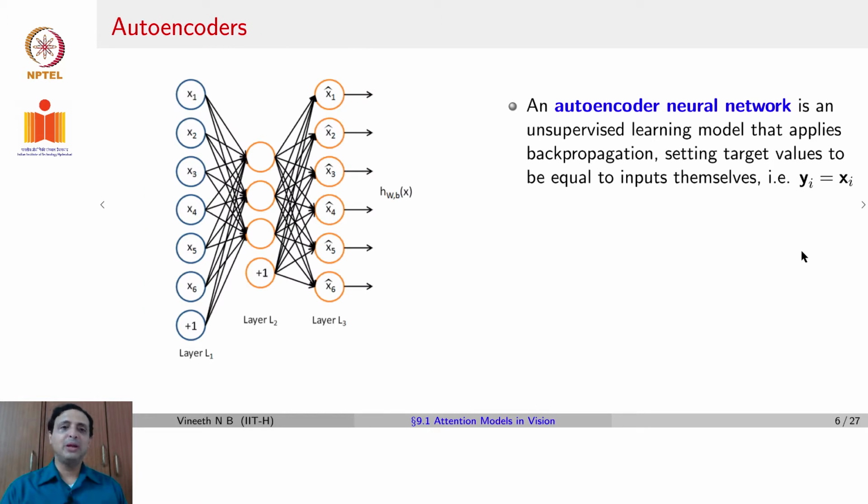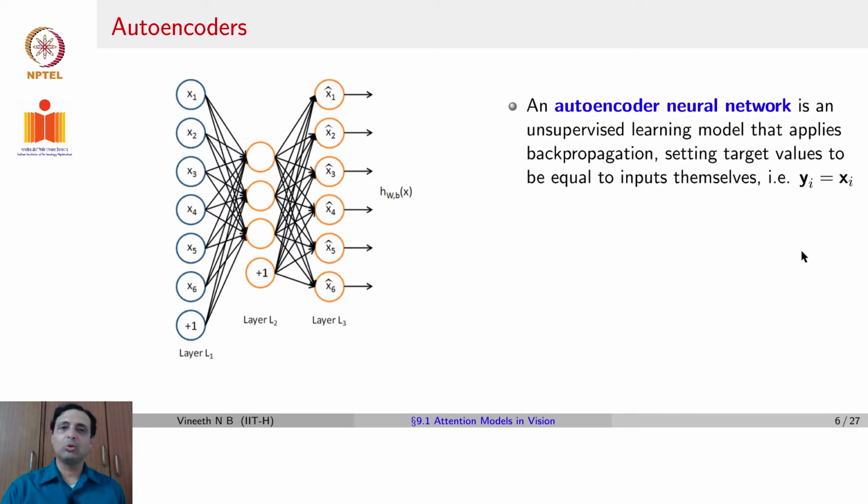Now let's take a brief detour to understand encoder-decoder models a bit more. The standard name for such encoder-decoder models is the autoencoder, although in this case the decoder is trying to reconstruct the input itself, and that's the reason why this is called an autoencoder.